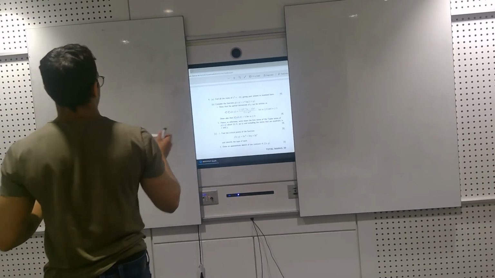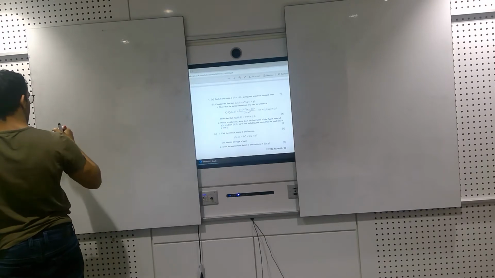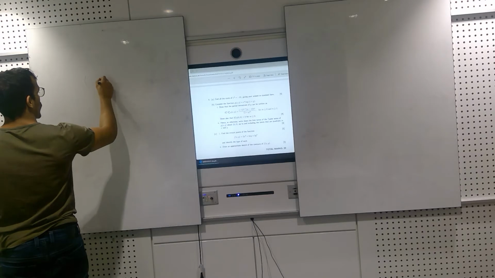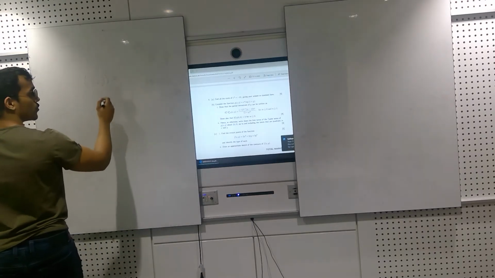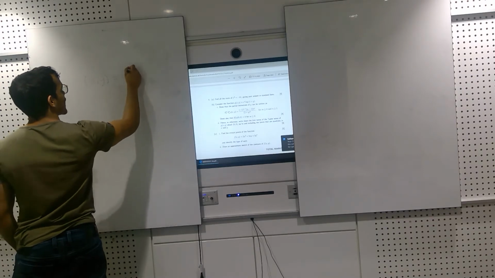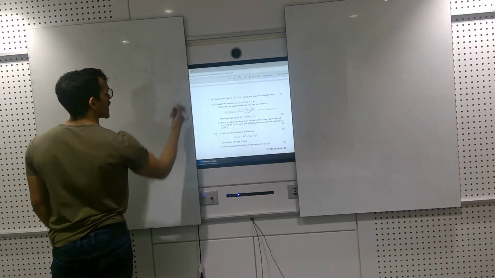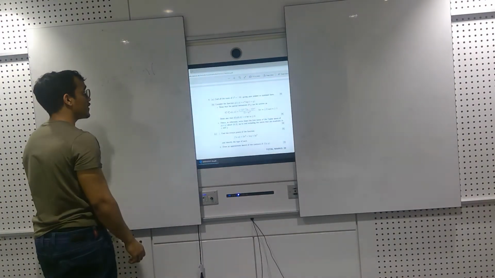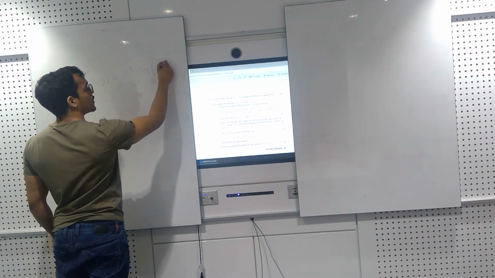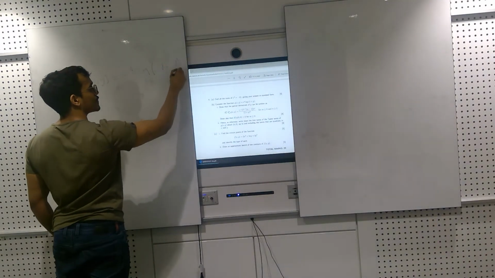They give us a function G of x and y, which will be equal to e to the x times ln, or log, of 1 plus y. When he wants log, he usually means log base e, the natural logarithm.